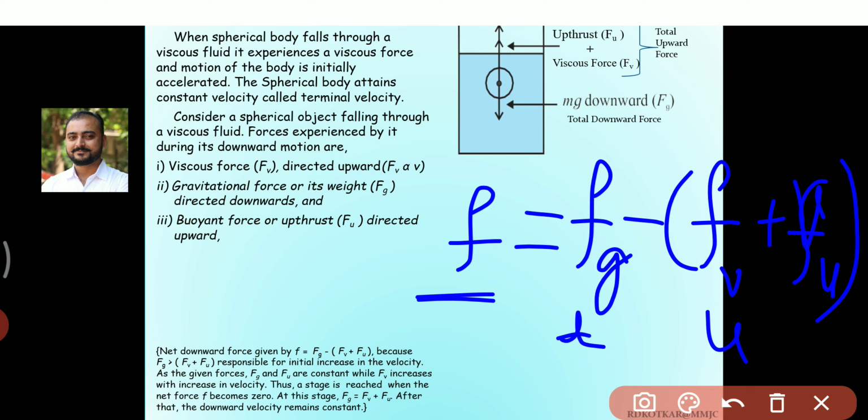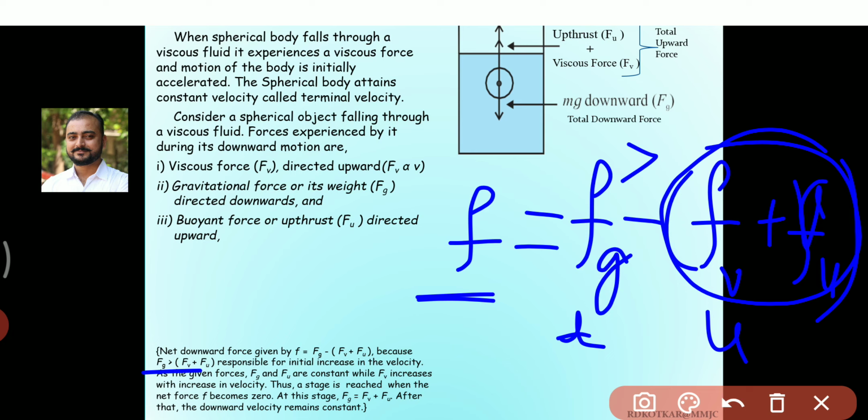Initially Fg is greater and the upward force is smaller, so the body moves in the downward direction with acceleration, or you may say the body gets accelerated in the downward direction.